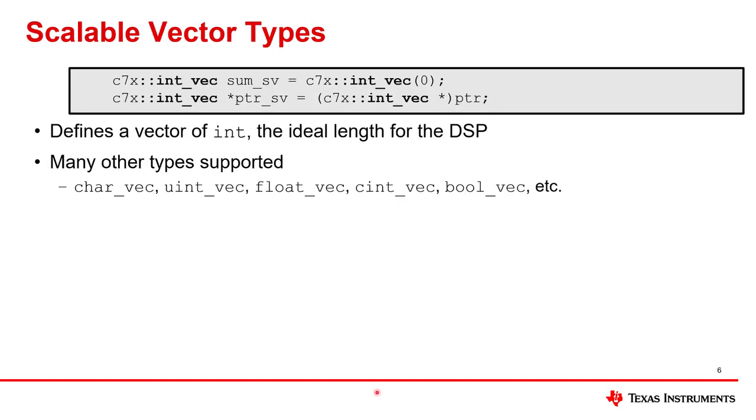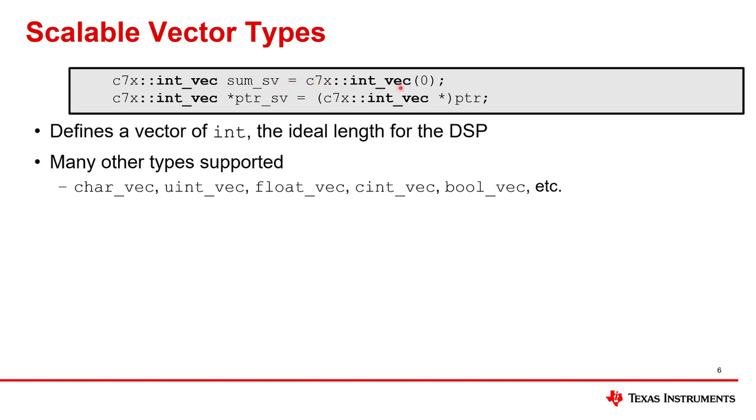Finally, here are the scalable vector types. In this example, int_vec is the one we're using, and you see it appears 4 times in this code. This defines a vector of int, with however many integers come to the ideal length for this DSP. So what this first line does is it creates a vector variable sum SV. The SV stands for scalable vector.